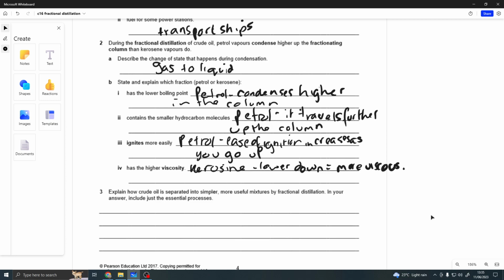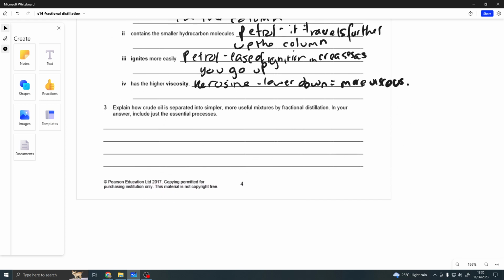Explain how crude oil is separated into simpler, more useful mixtures by fractional distillation. Just include the essential processes. Well, first of all, you have to vaporize the crude oil. They rise up the fractionating column where they cool.